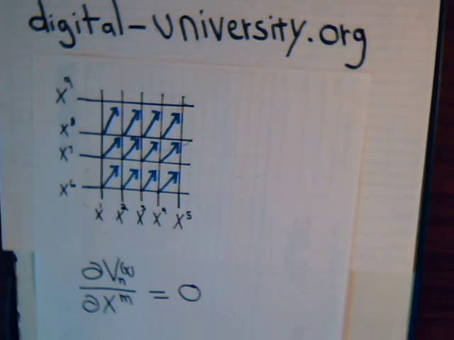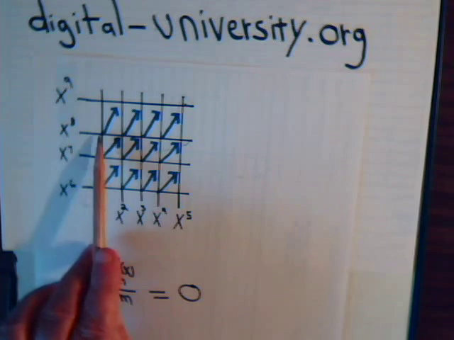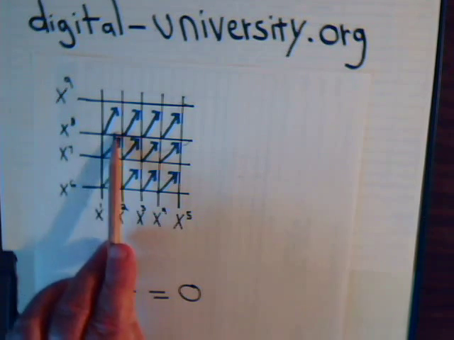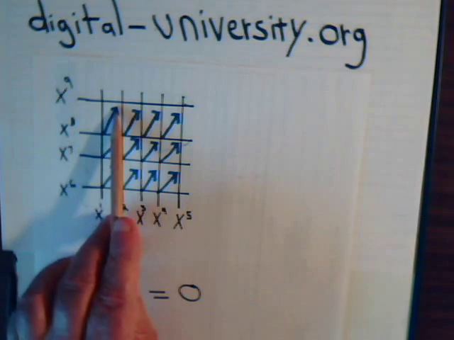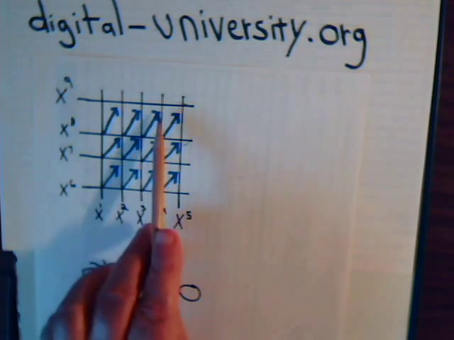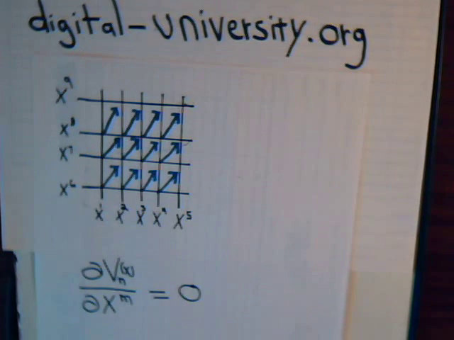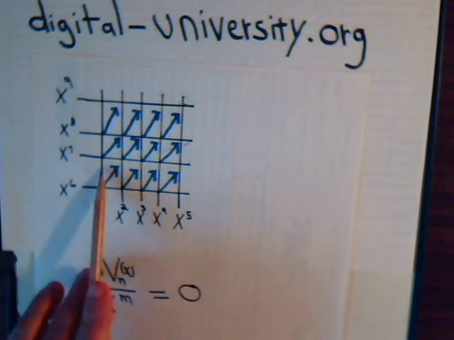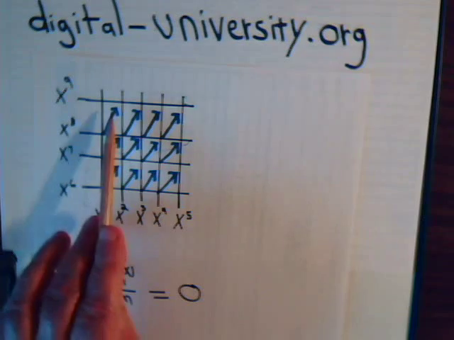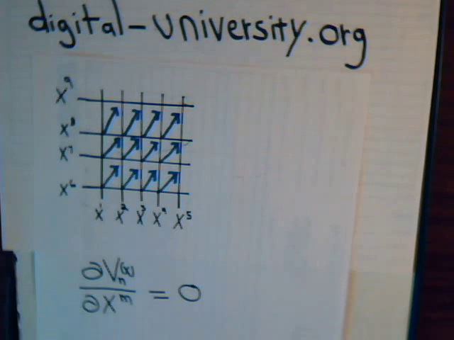Now, let's look at this. Here, the vector field is always constant. So, if we're going along, say, the x2 axis, then the component along that axis is always the same. Same thing for the x1 axis. The component of the vector field along the x1 axis is always the same.